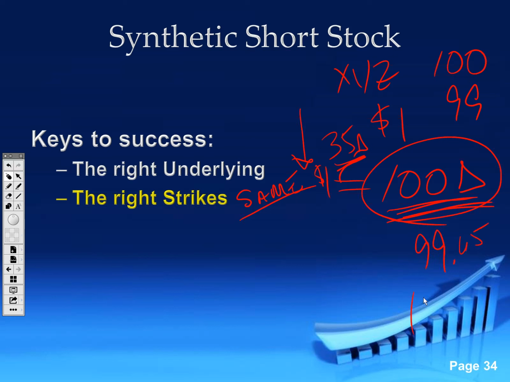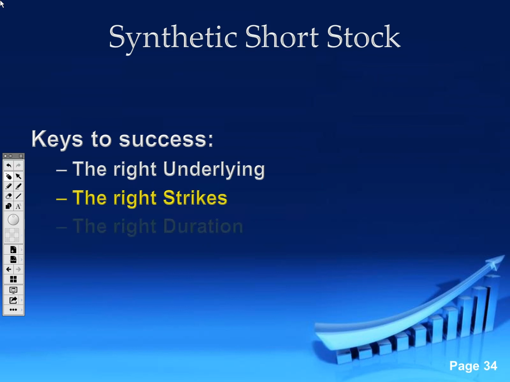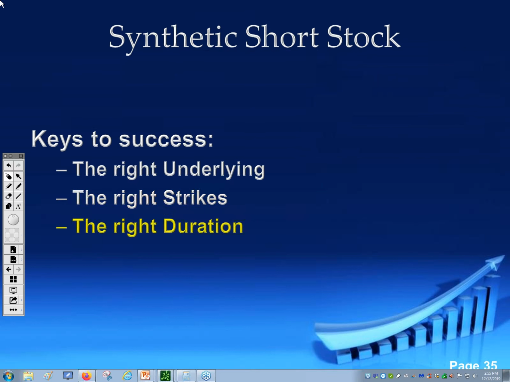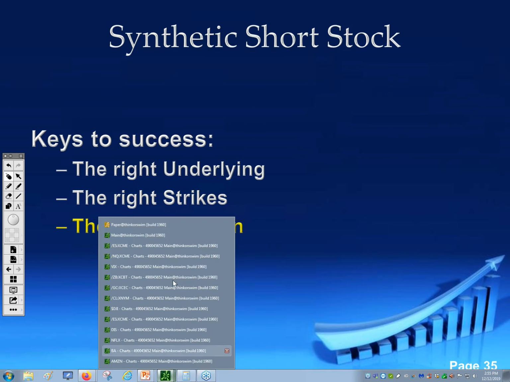Sometimes you'll actually get it to build out to be 101, which is fine. You just want to get it as close to 100 as you can so that it performs the same way as the underlying, as a short of 100 shares of the underlying. Okay, I'll show an example of that.